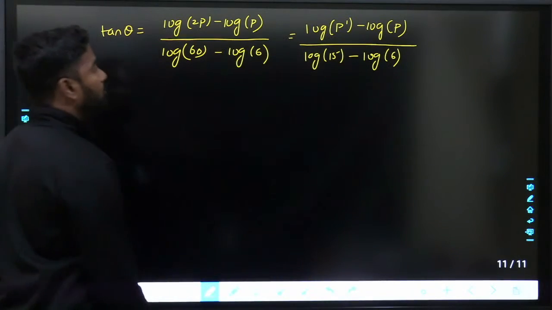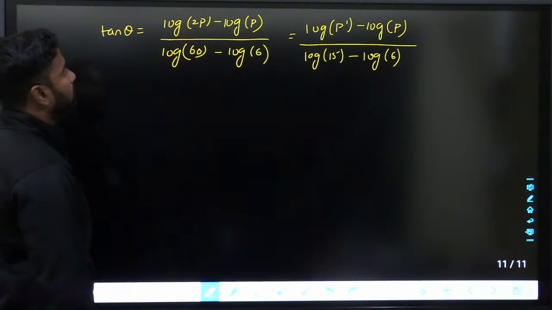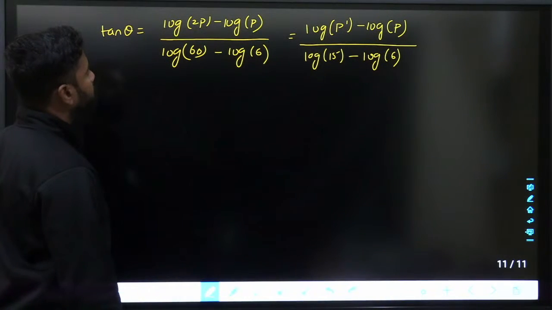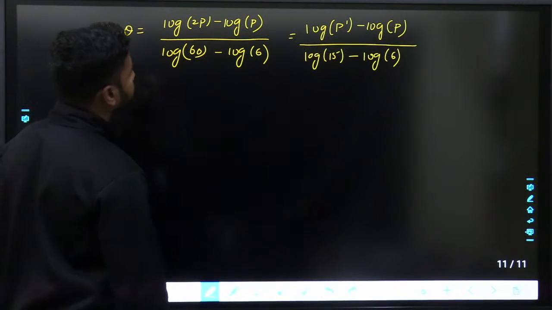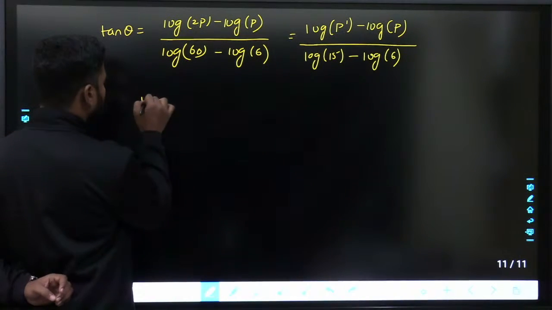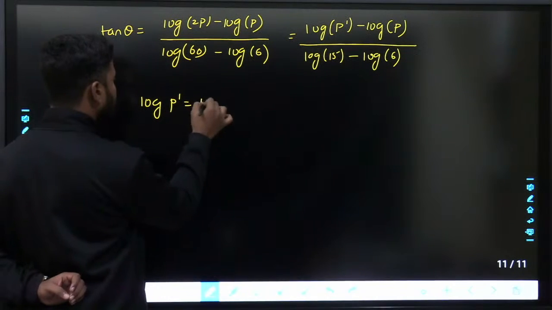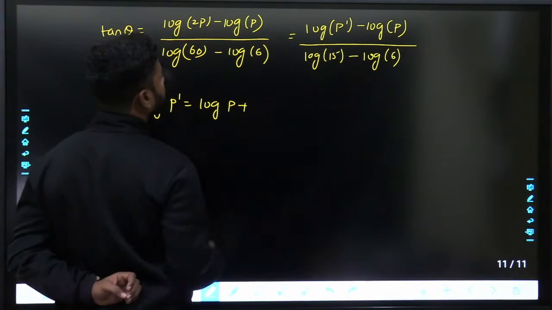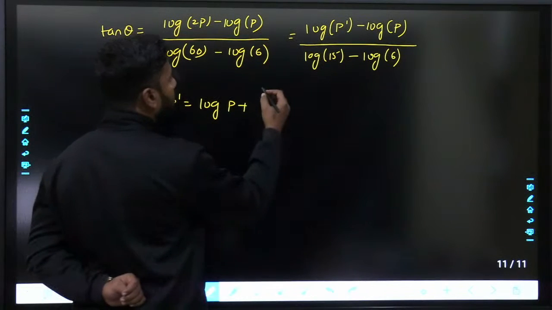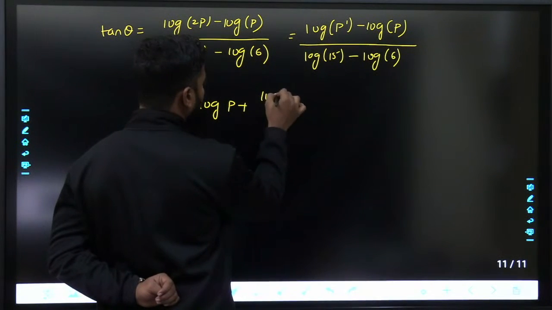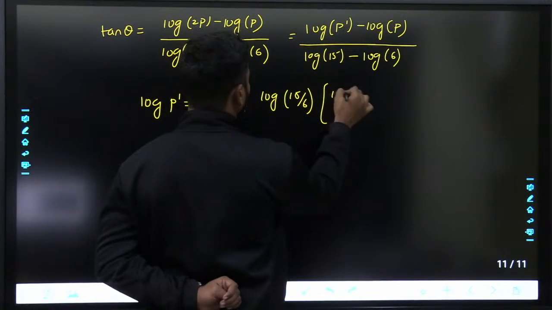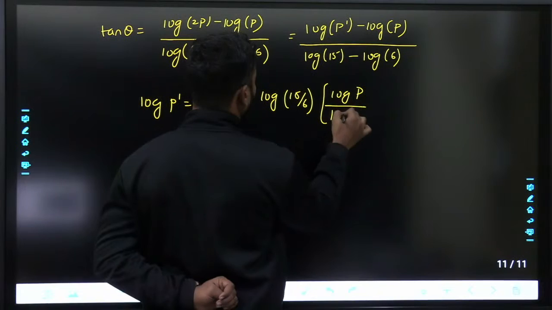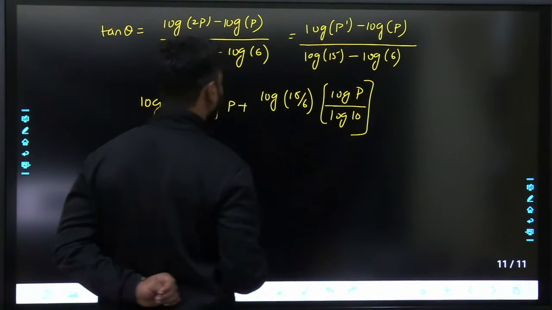From this, what is the value of P dash you will get? Try to find out the value of P dash. That is log P dash equals log P plus log 15 by 6 multiplied with log 2P upon log P.